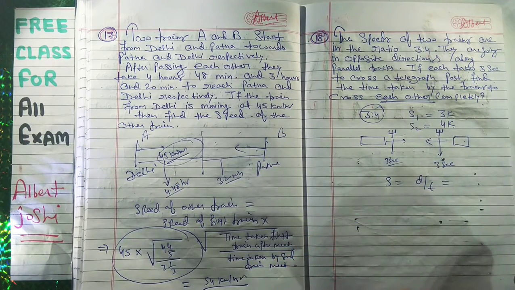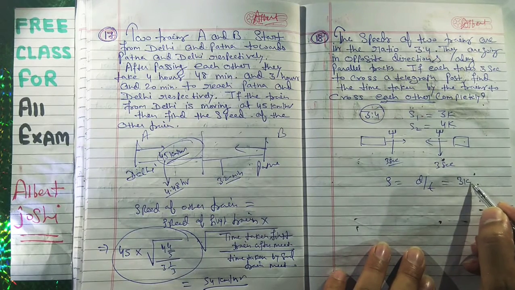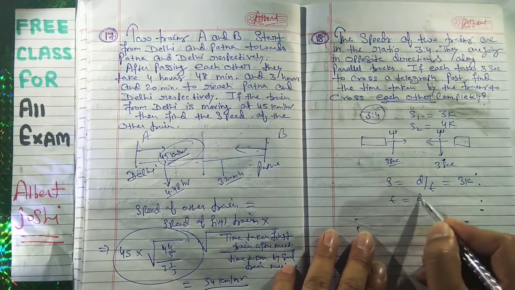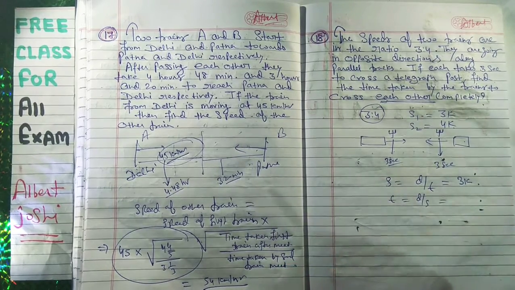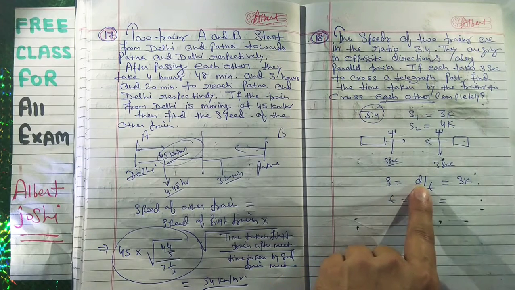We are finding the time. Time is equal to distance upon speed. So the speed of the first train is equal to distance. What is distance?